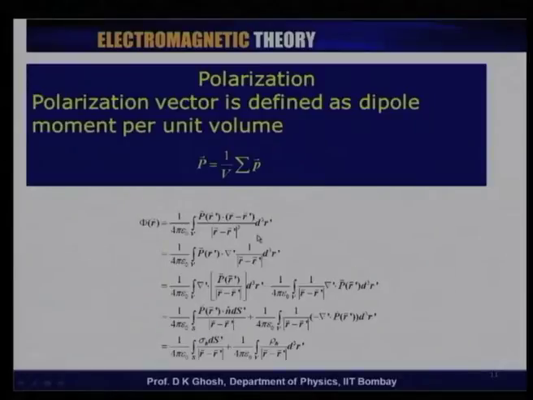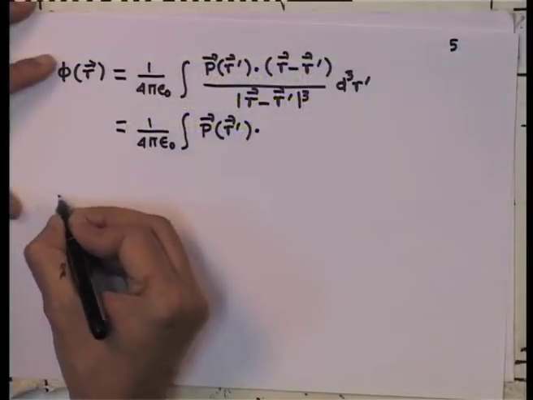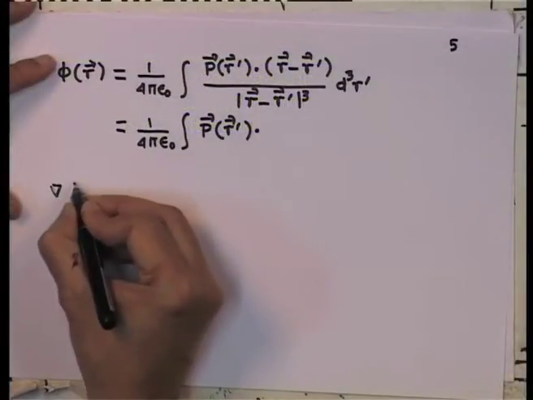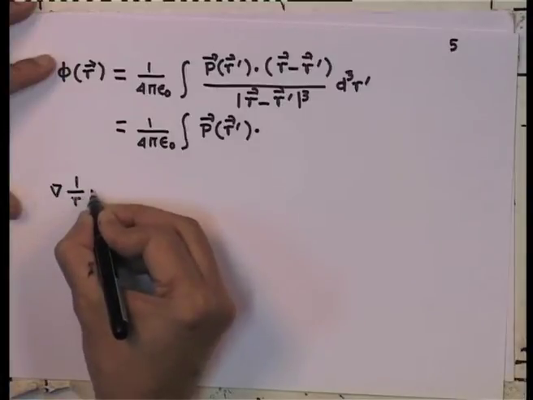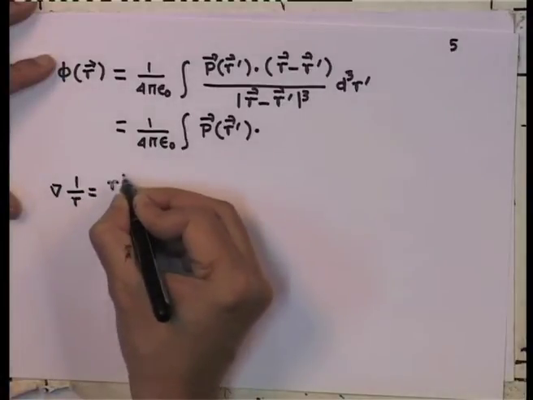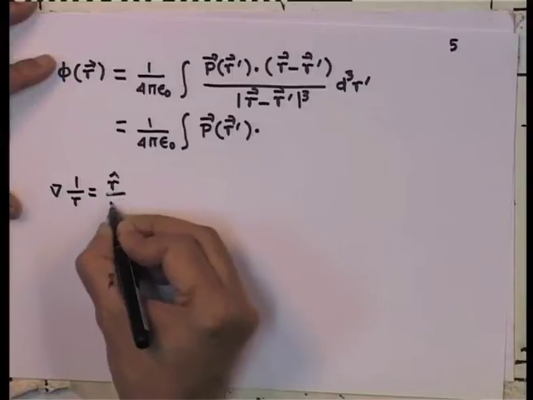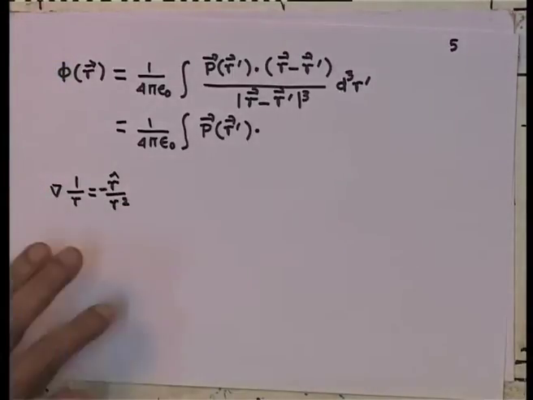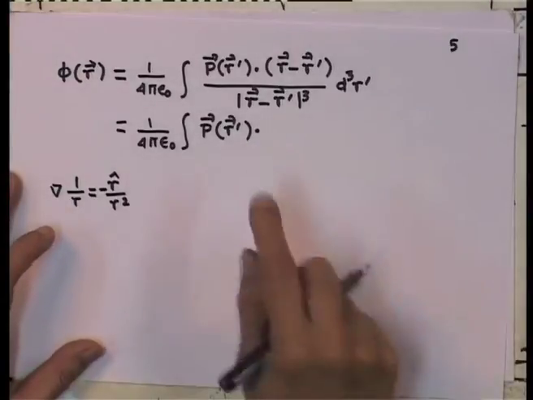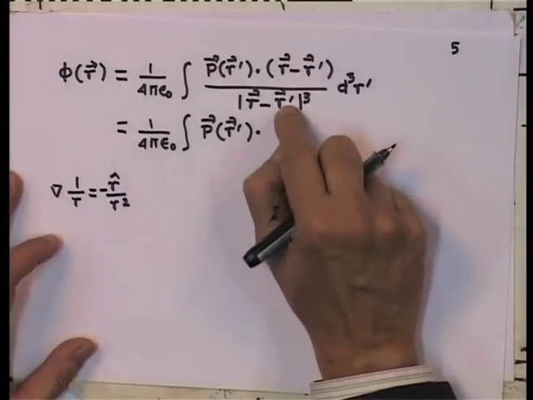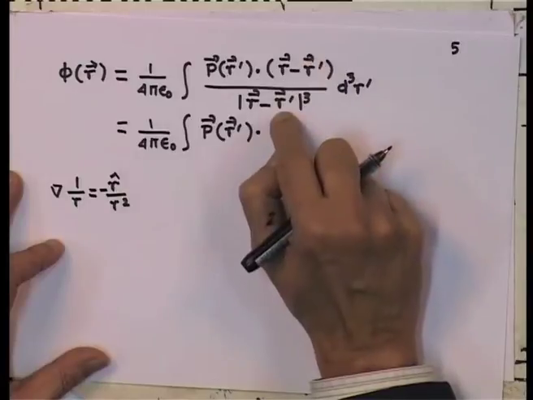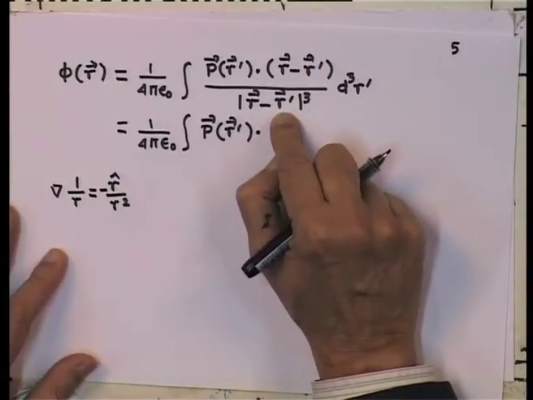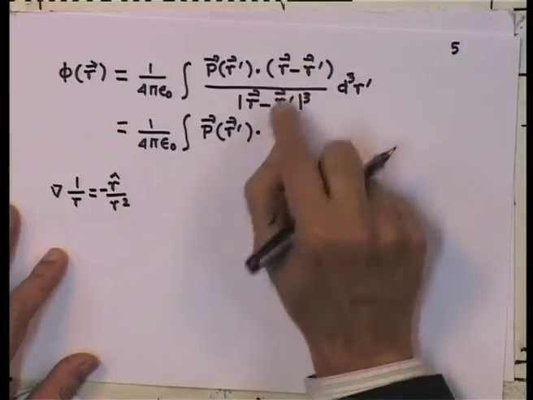Now, if you recall, we know that the gradient of 1 over r is minus the unit vector r divided by r squared. Now, what I am doing here is this. So, therefore, this quantity is nothing but the gradient of 1 over r minus r prime.